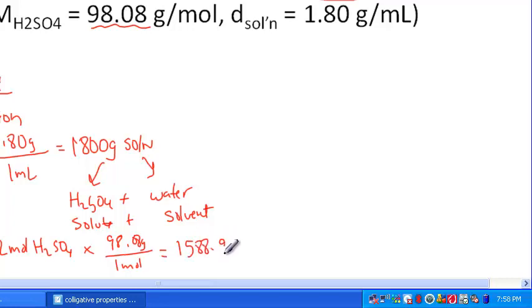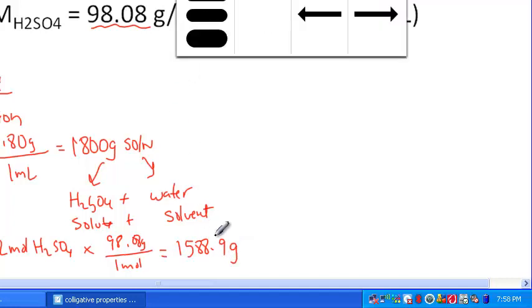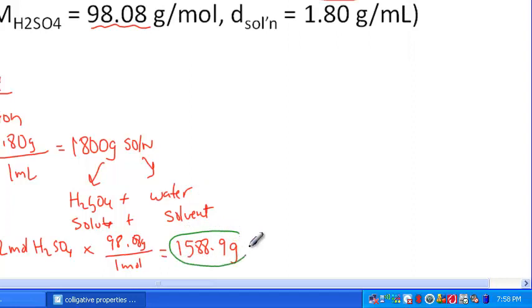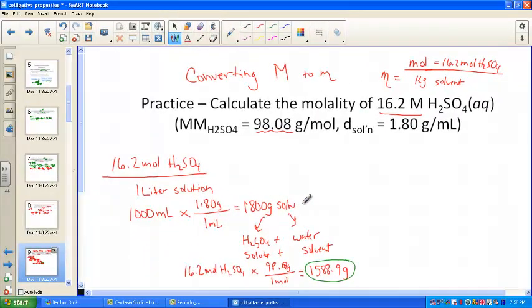Can you round a little bit? Let's say 1588.9. Right here, let me change color to emphasize, we've determined this mass, 1588.9 grams, that's the mass of the solute.